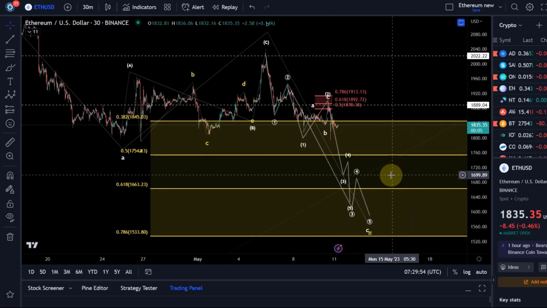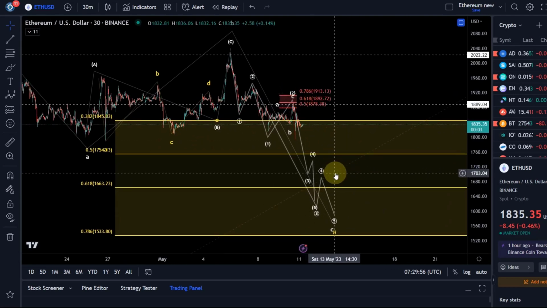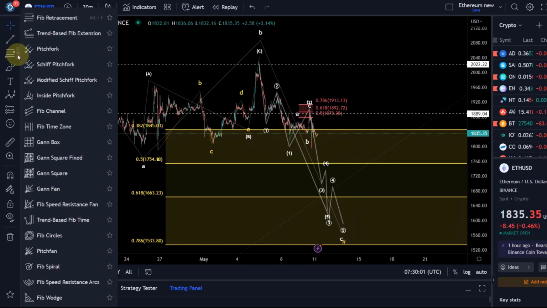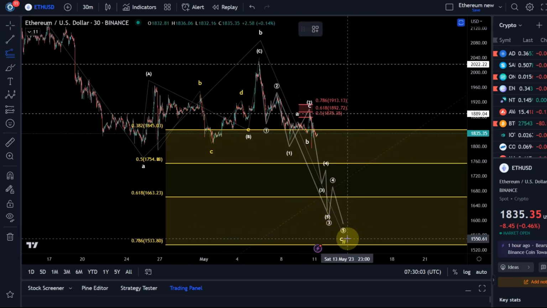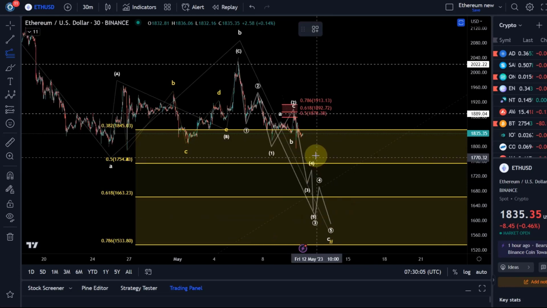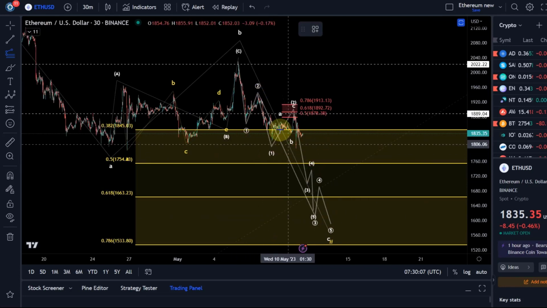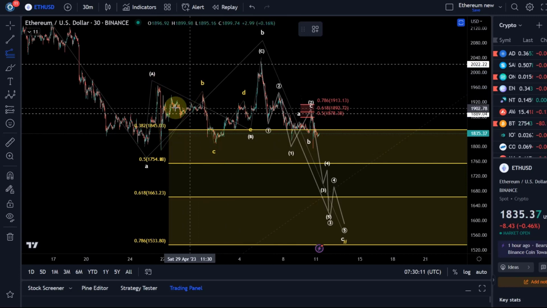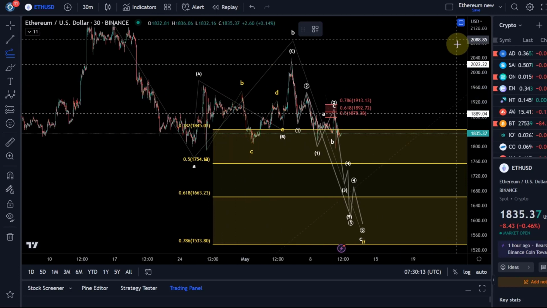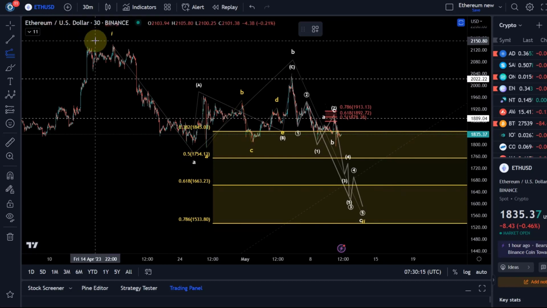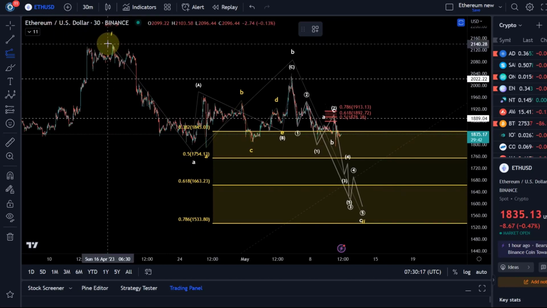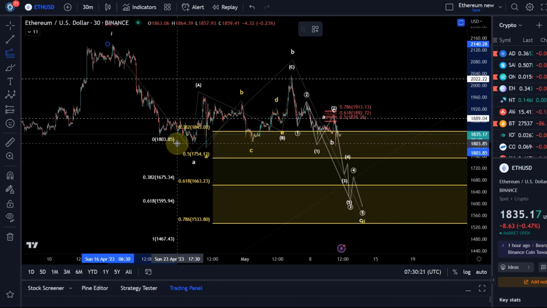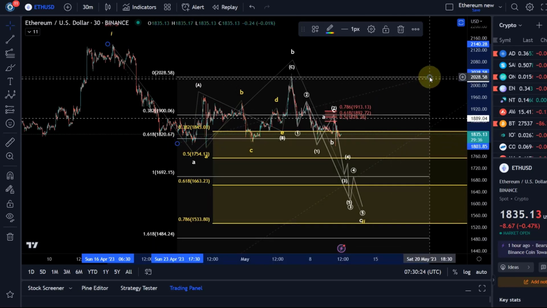I gave you the key pivot against which we can focus on lower. And just a reminder, if we calculate a target for the C wave, how would we do that? We would take the high which was made in April. We take the length of the A wave, and we go to the high of the B wave.